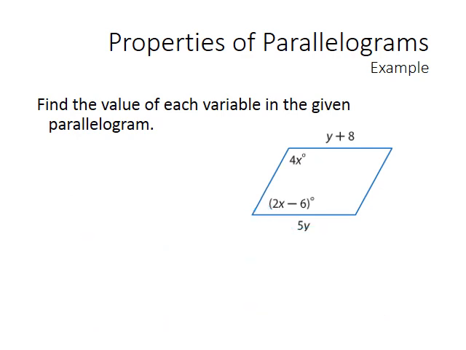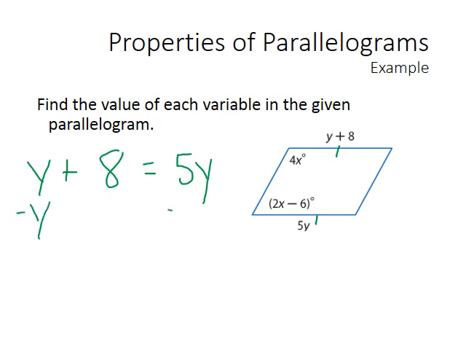Y has to do with sides of the parallelogram. And we know that opposite sides are congruent, so y plus 8 equals 5y. Opposite sides are congruent, so those two sides have to be equal.